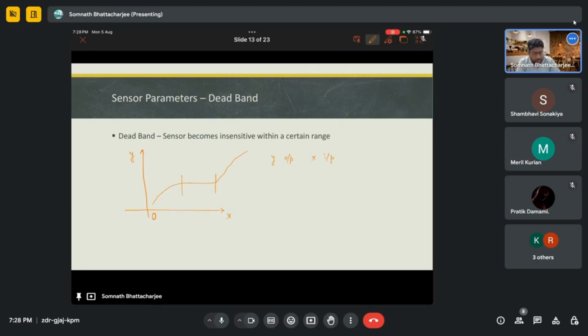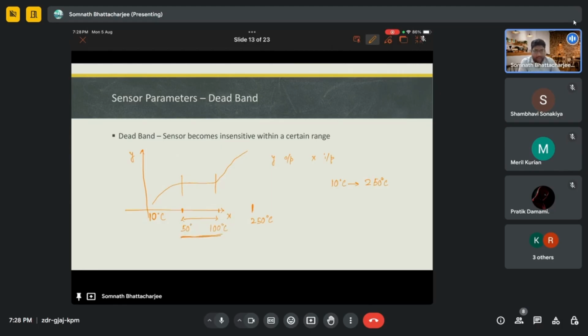So if the values are from, let's say, 10 to 250 degrees centigrade, for a temperature sensor, a temperature sensor has a working region of 10 to 250 degrees centigrade. And in between there is a certain range that can be anything, for a different sensor it can be different values, but let's say from 50 to 100 degrees C, there is no change in the output value.